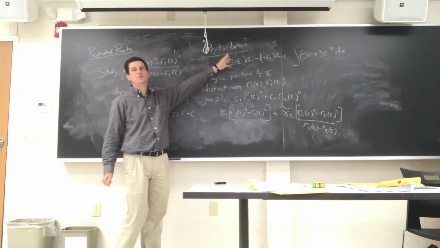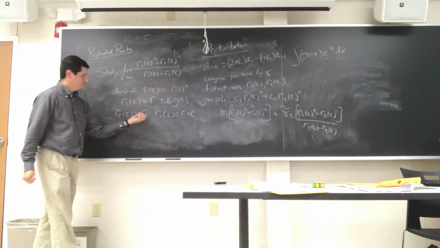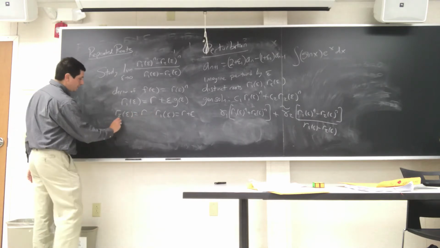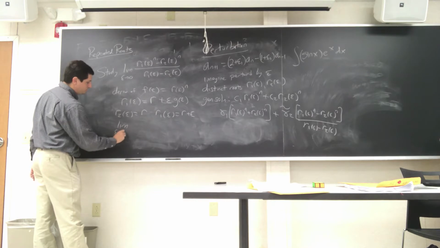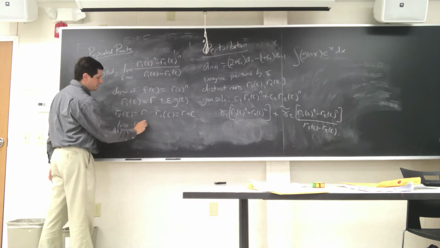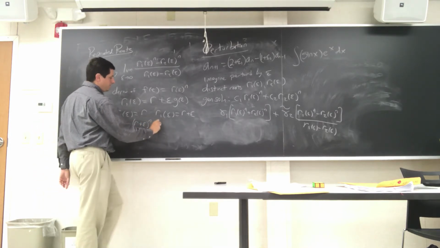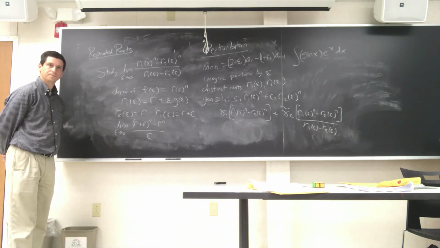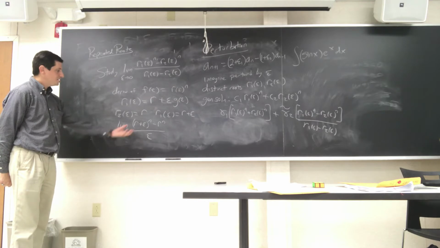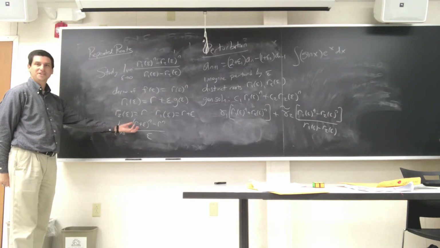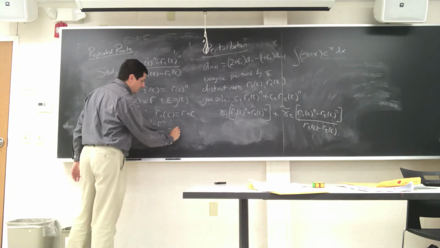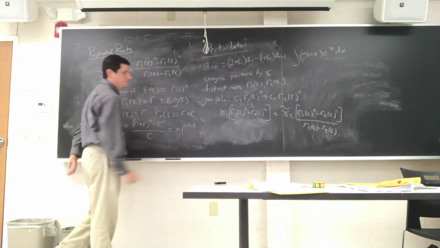Imagine I choose my epsilons in such a way so that the first root is R plus epsilon and the second root is R. Then I would have the limit as epsilon goes to 0 of R plus epsilon to the n minus R to the n over epsilon. This is the definition of the derivative of the function R to the n. And you would get n R to the n minus 1.